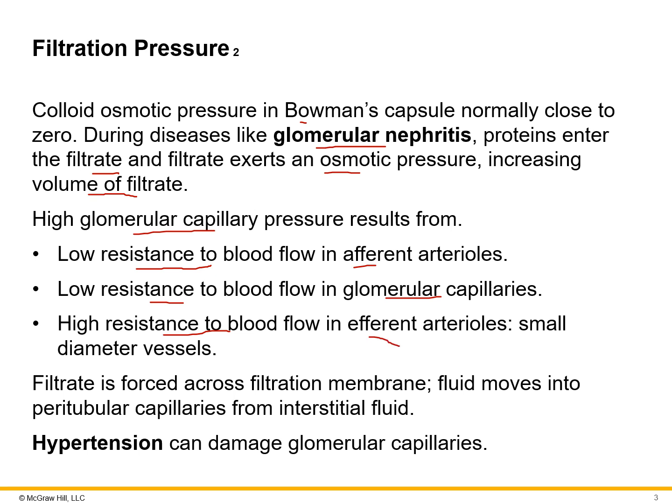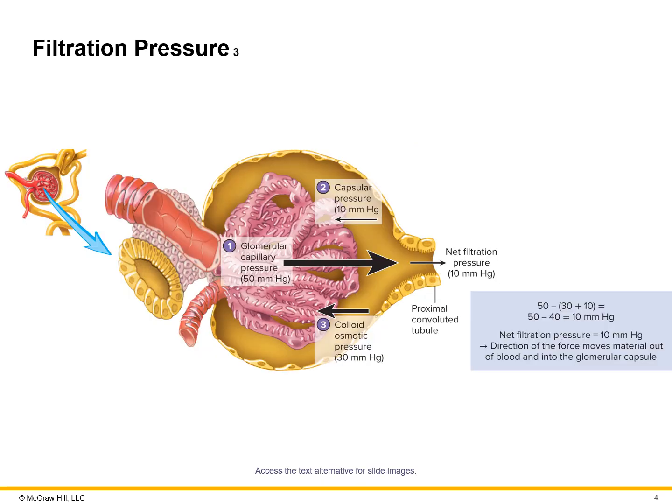So that filtrate is forced across the filtration membrane, and the fluid moves into the peritubular capillaries. Hypertension, which is high blood pressure, can damage those capillaries by creating too much pressure.